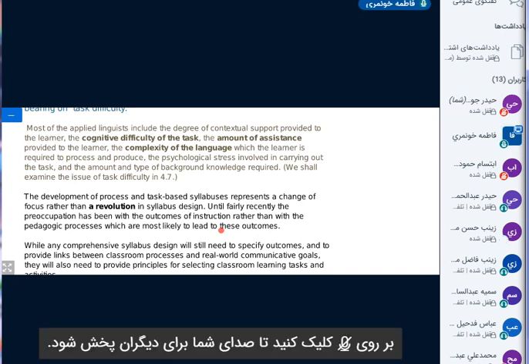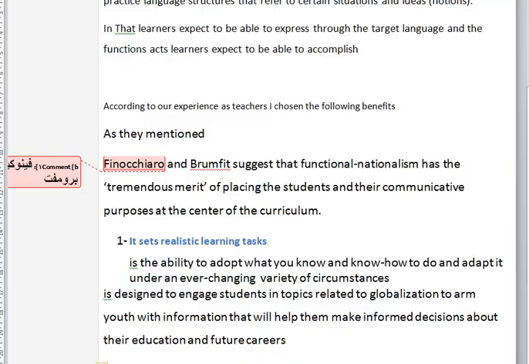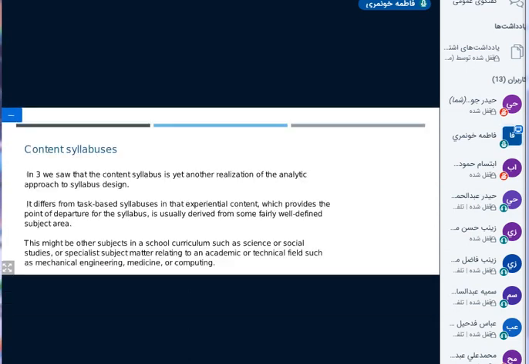So if your students haven't got any information about the task or the content, the subject matter that is being performed, definitely the task would be very difficult to perform than when your students have good knowledge of the topic that they are engaging with. So these factors are some of the most important factors that can contribute to task difficulty, and it needs to be considered by task designers.